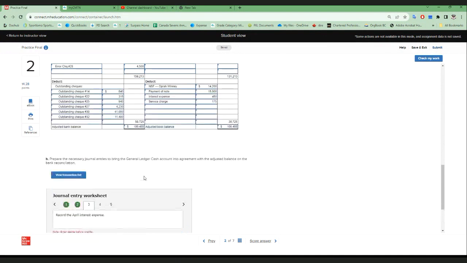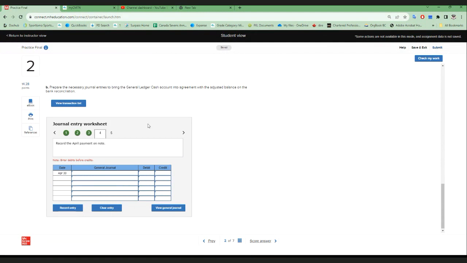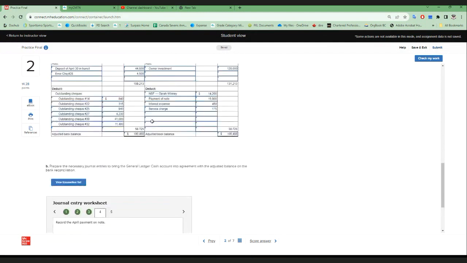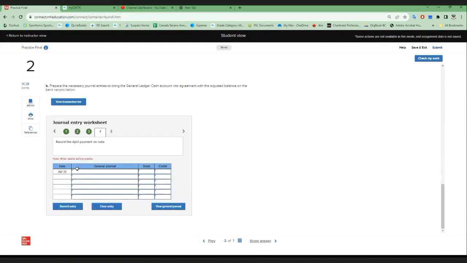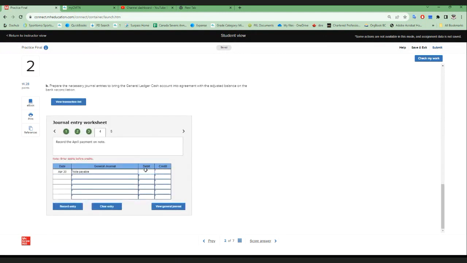Note payable, so we've got note payable for 14,200. And we've had the investment by owner.